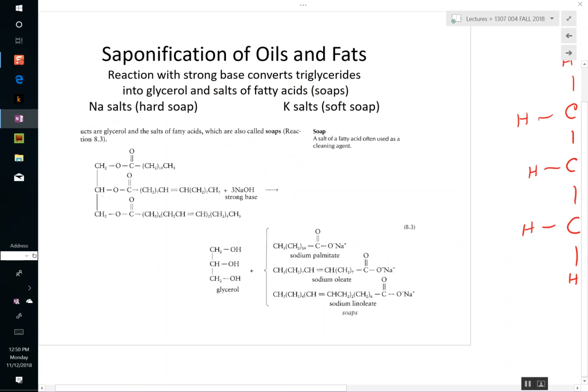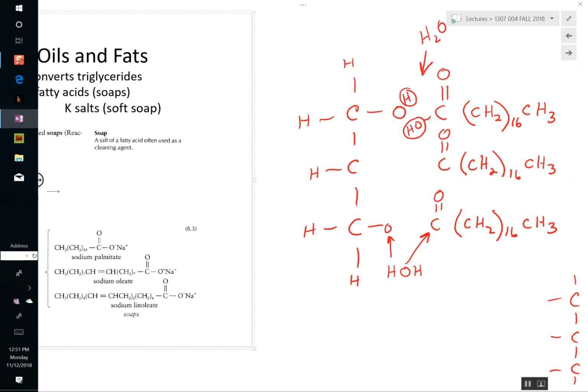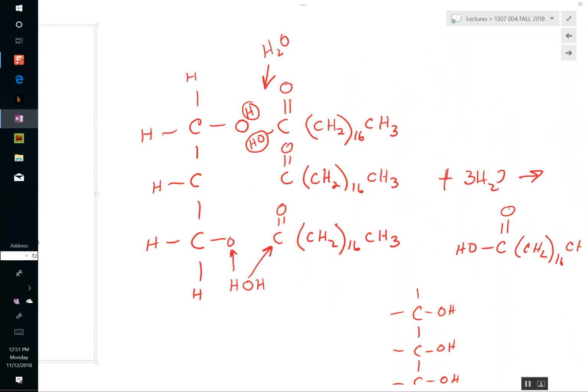So this is saponification. A good little exercise for you on the side would be to start out with that molecule I had there with 3 stearic acids on it, use 3 sodium hydroxides and break it back down into glycerol.